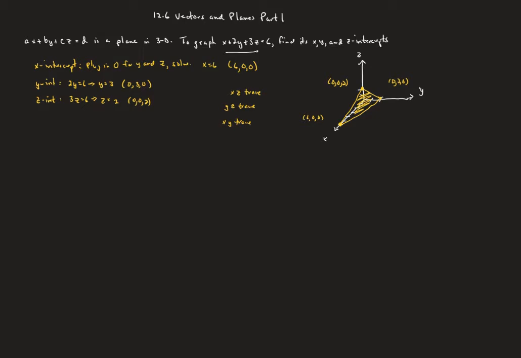So let's look at graphing x plus z equals 2. What happens when you're missing one of the variables?